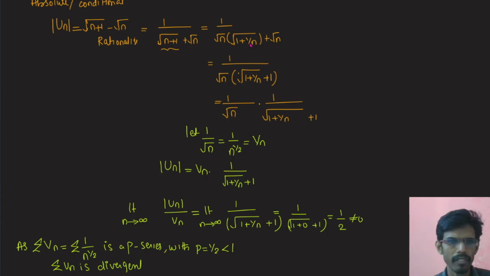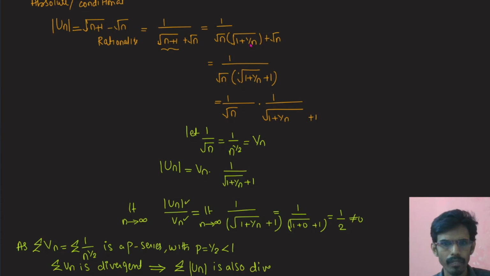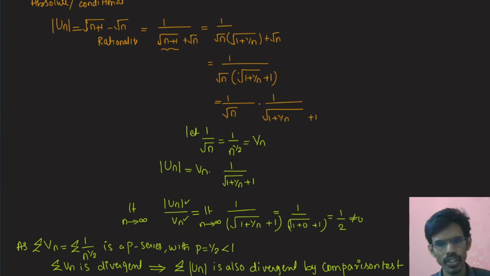Correct? Divergent. That implies sigma mod un is divergent. So this one also divergent. Mod un is also divergent by comparison test, since comparison test says that both series will diverge or converge together.